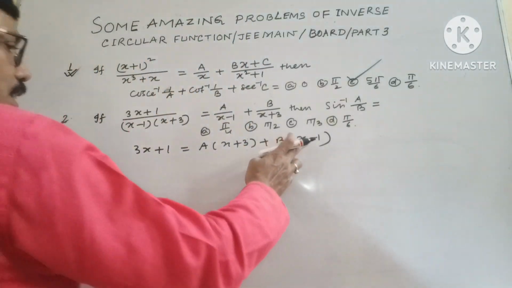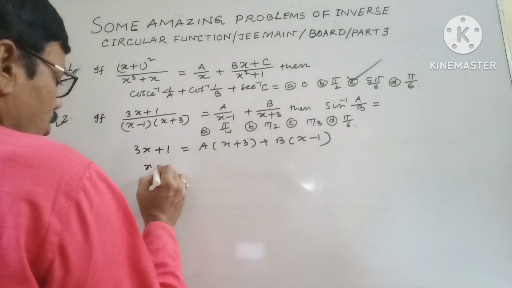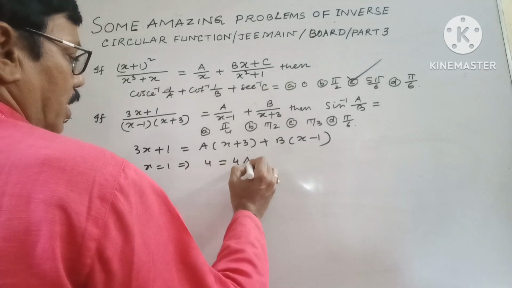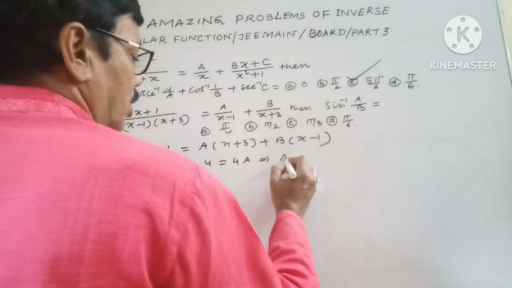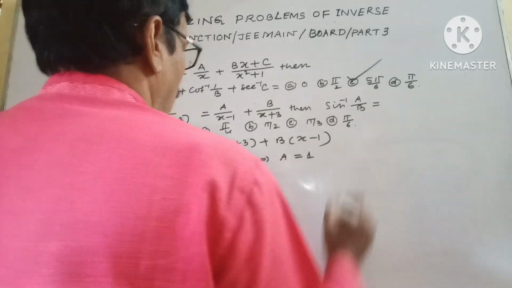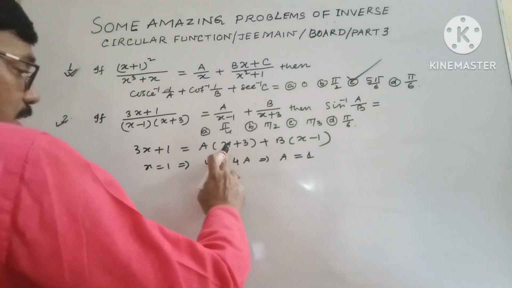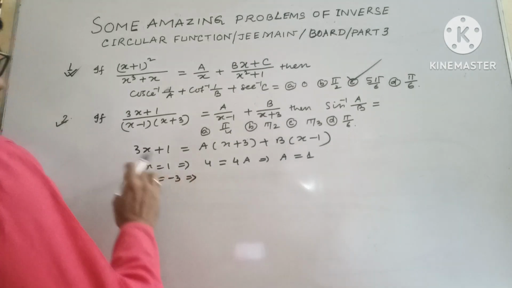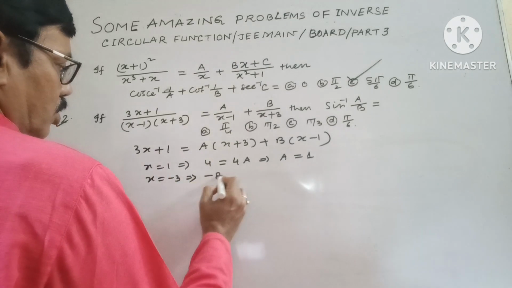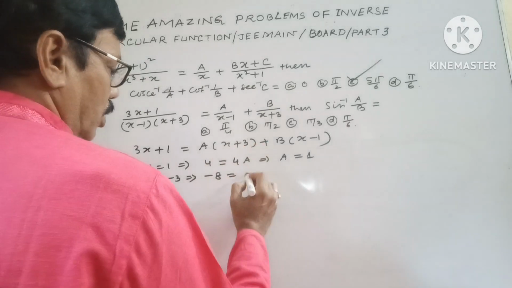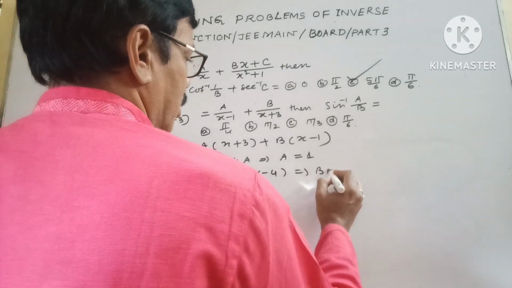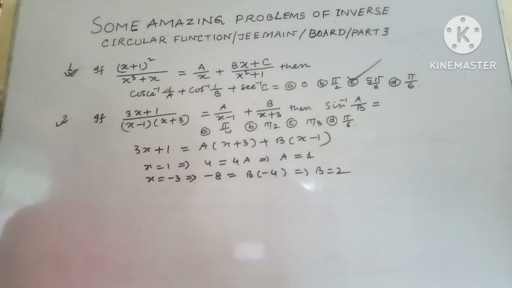Now x equals 1 implies 4 equals 4a, since the other term is 0, so a equals 1. Now put x equals minus 3: minus 8 equals, this term is 0, so b into minus 4. So this implies b equals 2.